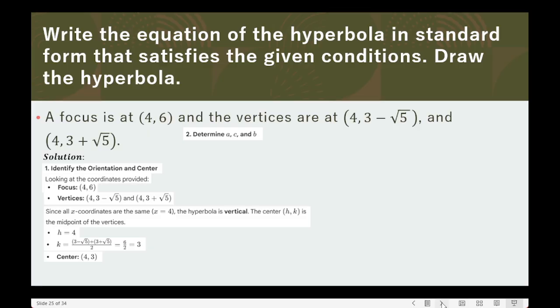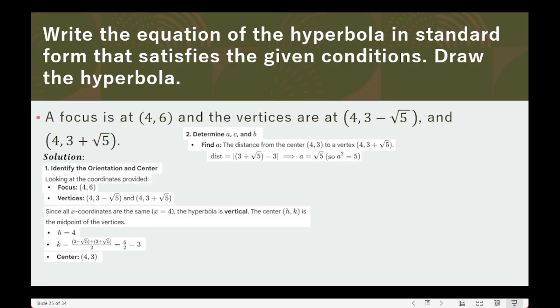Determining the values of a, c, and b, we have the following. To find a, that is simply the distance from the center to any of the two vertices. Let us take one vertex together with the center at coordinates (4, 3). That is equal to the absolute value of the difference between the y coordinates of the center and the vertex, and that gives us square root of 5 for the value of a.